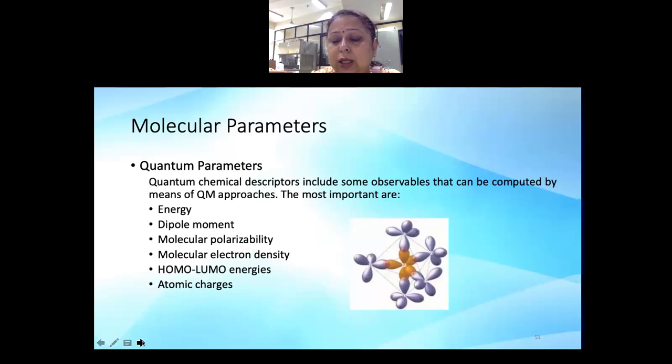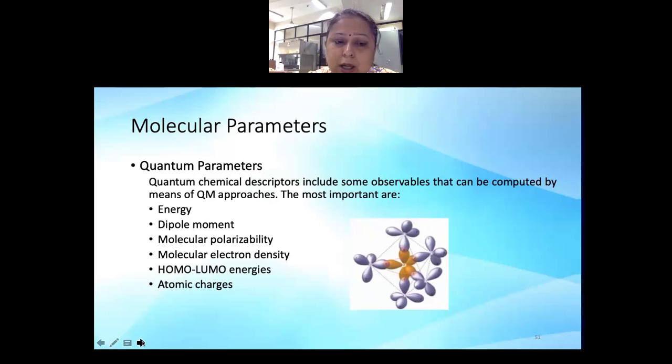Then while doing studies on chemical compounds, we observe their quantum parameters as well. Quantum chemical descriptors include some observables that can be computed by means of quantum mechanical approaches.